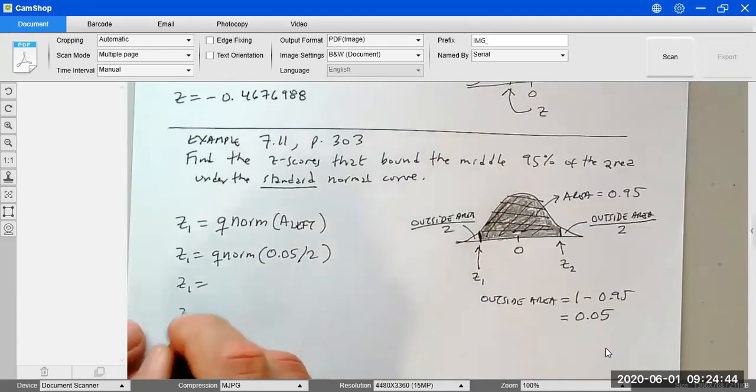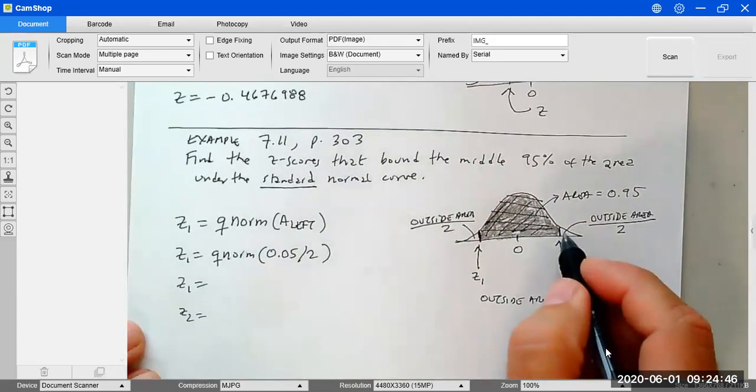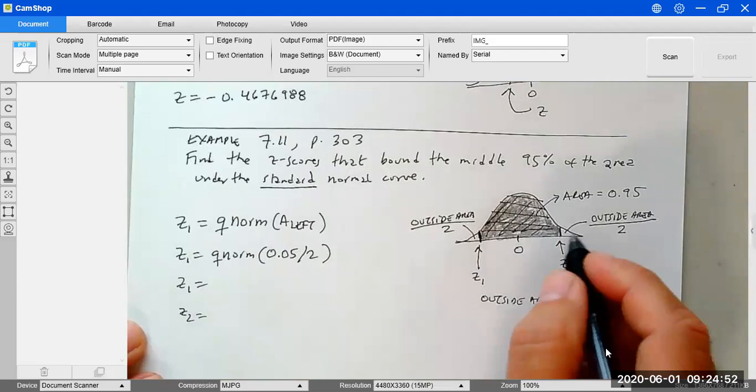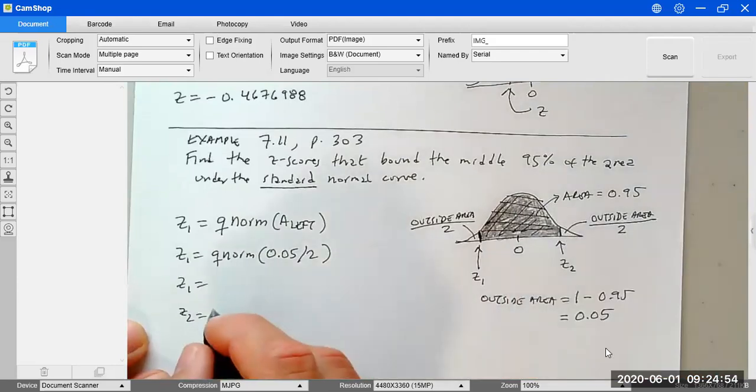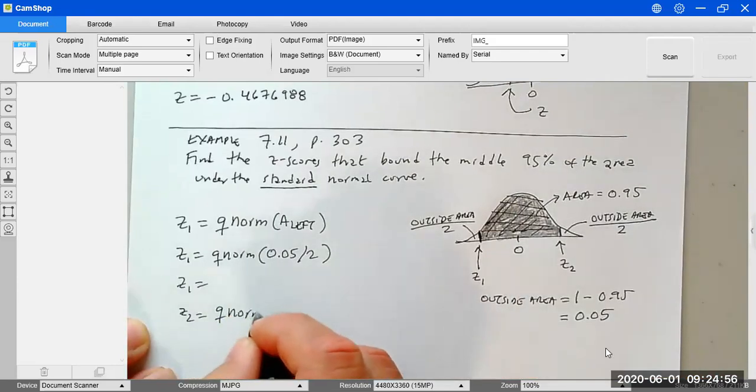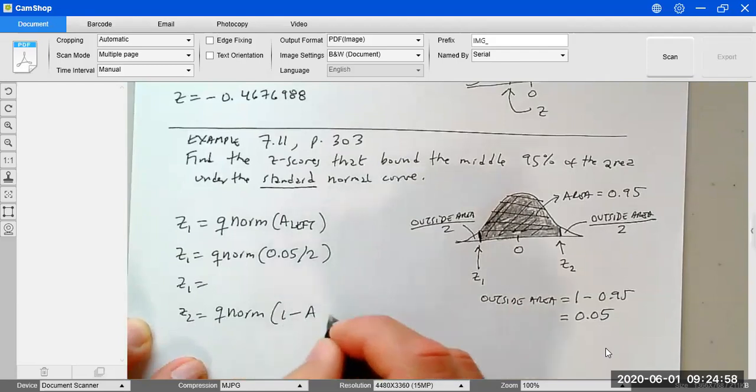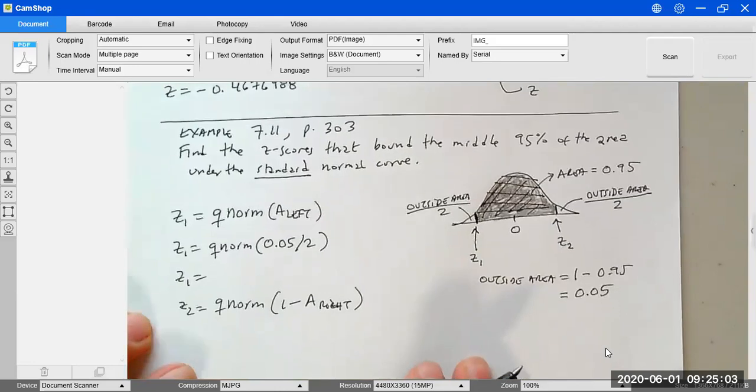Then for the second z-score, now I have the area to the right, which is also 0.05 over 2, but that's an area to the right, so we need 1 minus the area to the right. That's what we do when we have the area to the right.